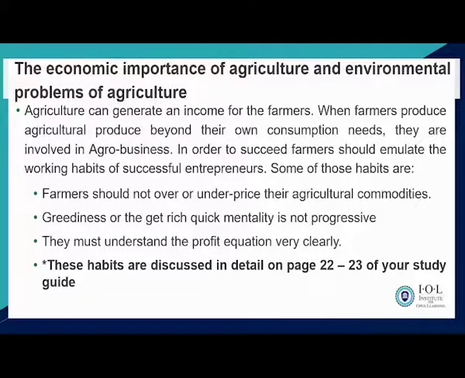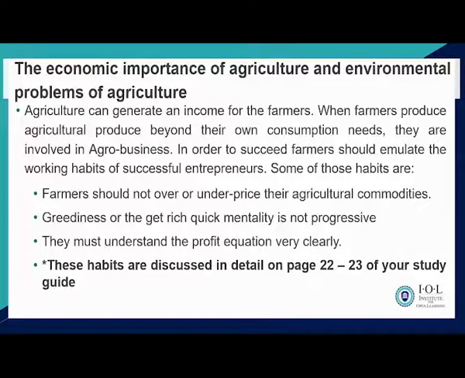So you should do market research: what is the trend, and what is the average price. Then you price your commodities accordingly, so that you don't end up cheating the consumer or cheating yourself if you underprice your products. Another habit is that greediness or the get-rich-quick mentality is not progressive, so we should avoid this.